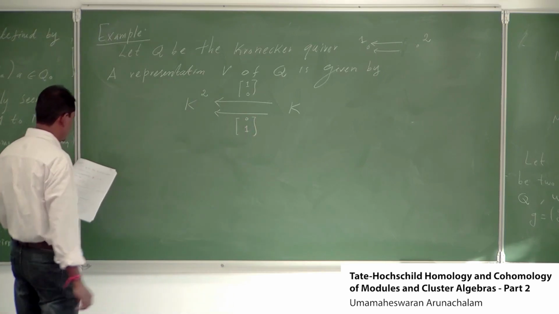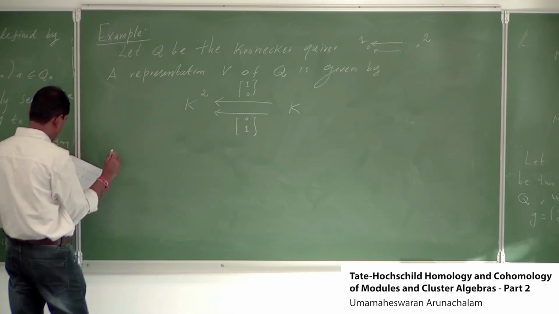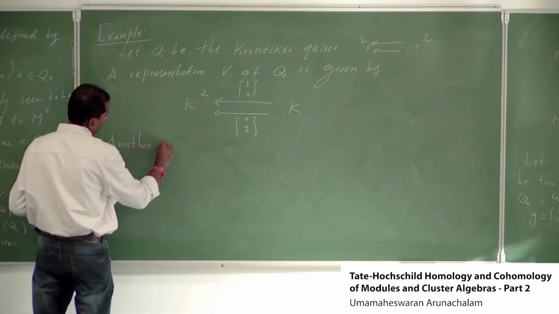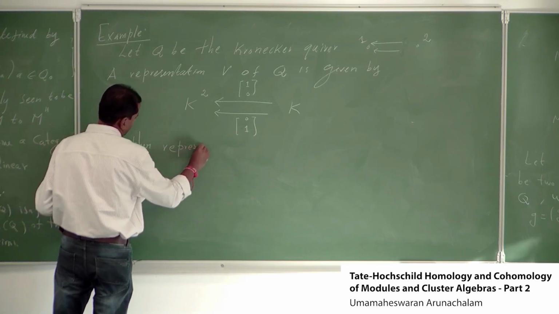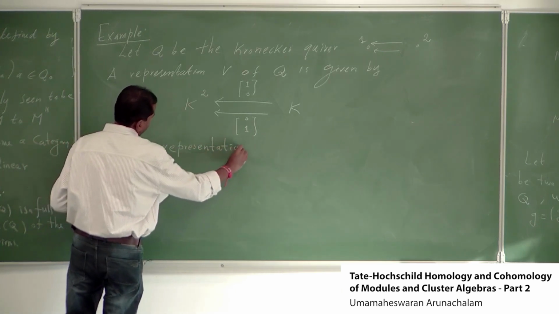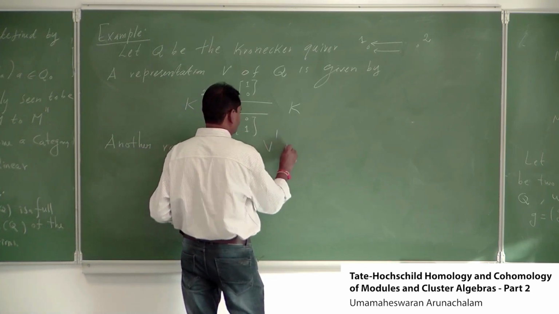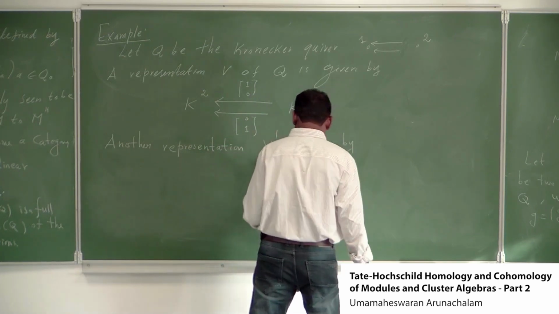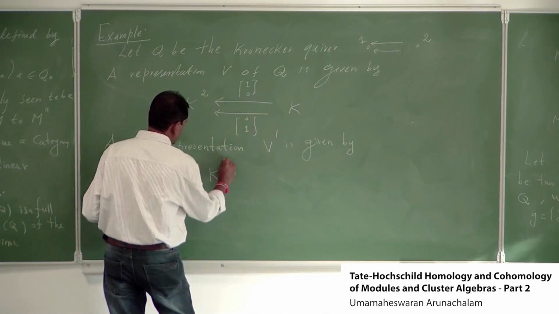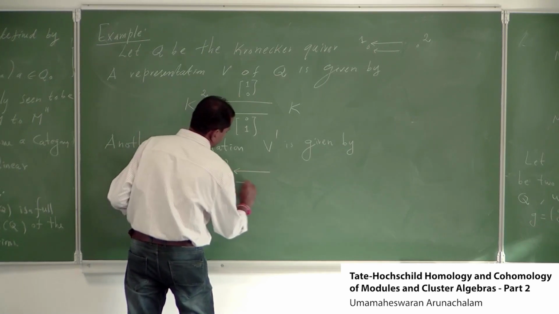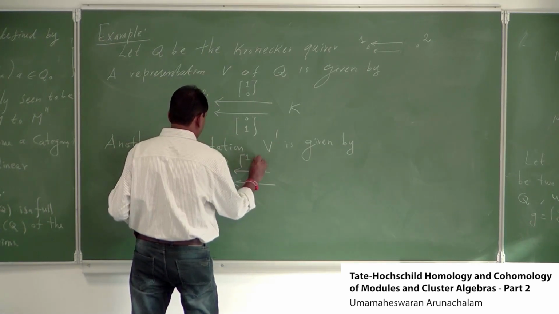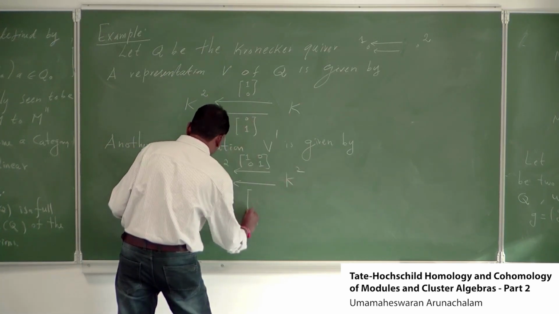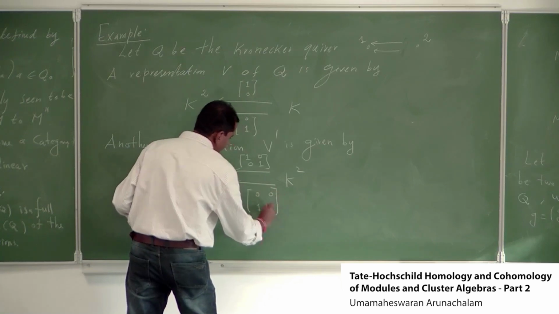So this is one representation V. Another representation V dash is given by K squared into K squared, where each map is a 2 by 2 matrix, here (0 1; 0 0), and here (0 0; 1 0).